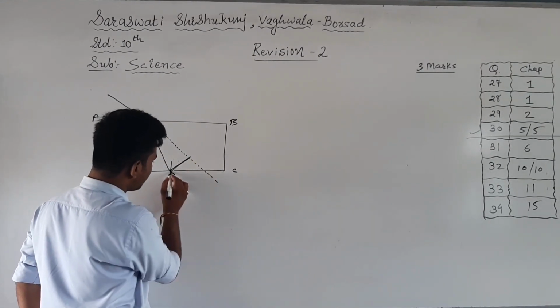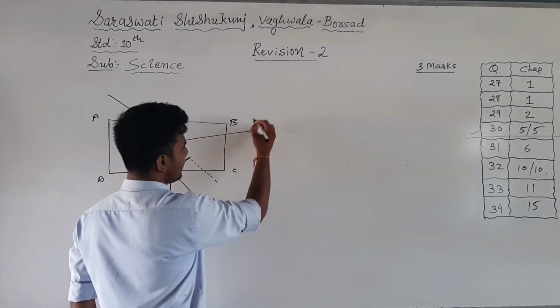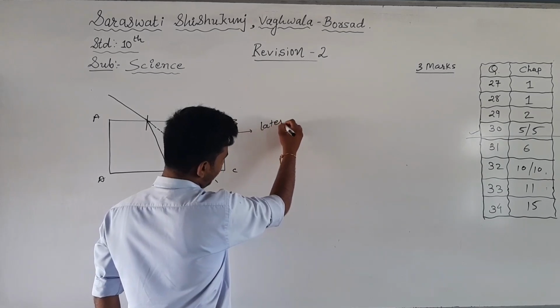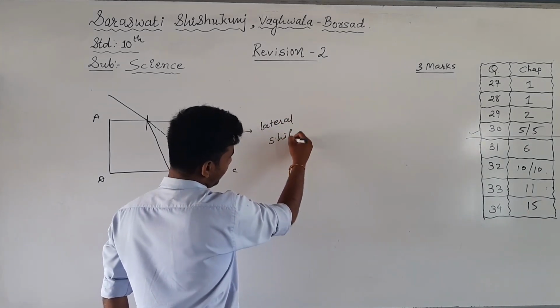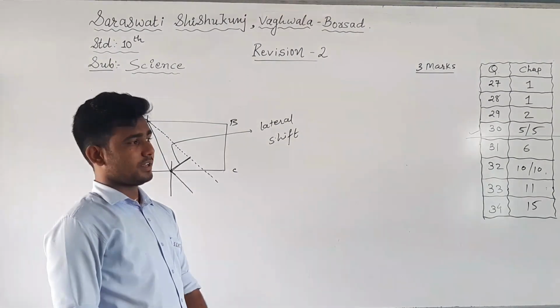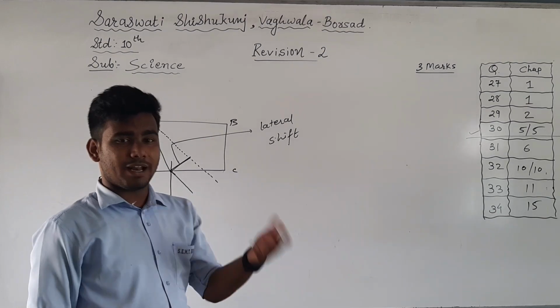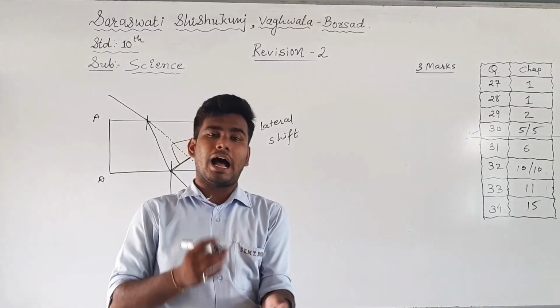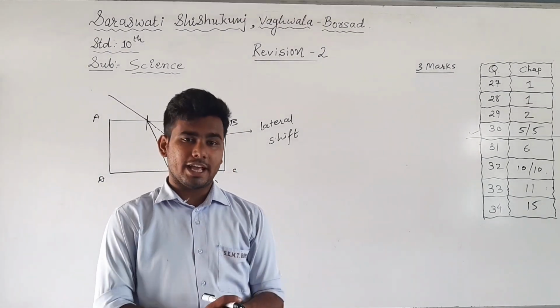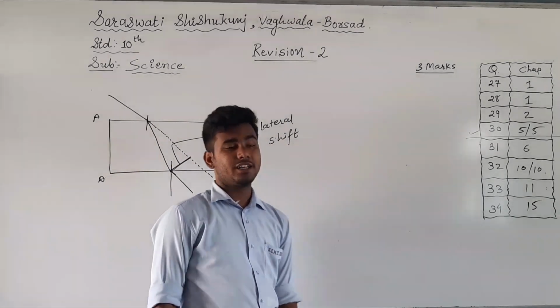If we draw it properly, it will be parallel, and this much displacement is called the lateral shift. As we have discussed in our earlier videos also, we have to draw the figure, then explain the figure and how the lateral shift is produced, which is from our 10th chapter, refraction through a glass slab.